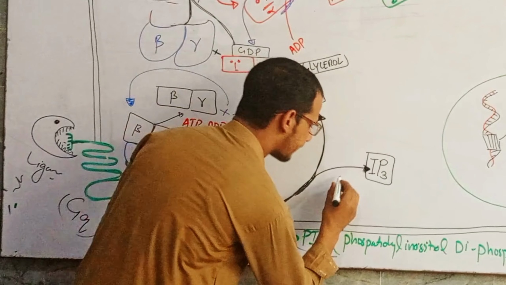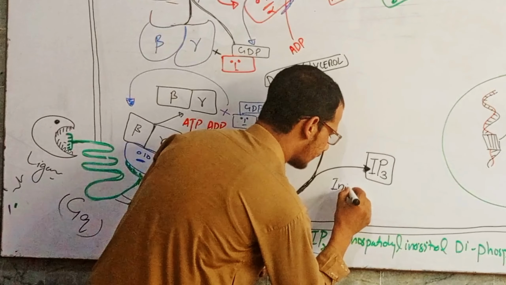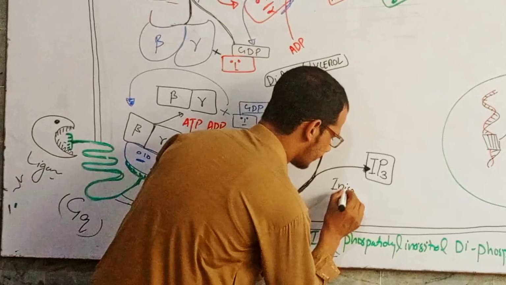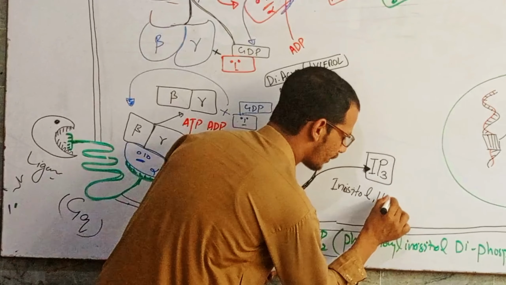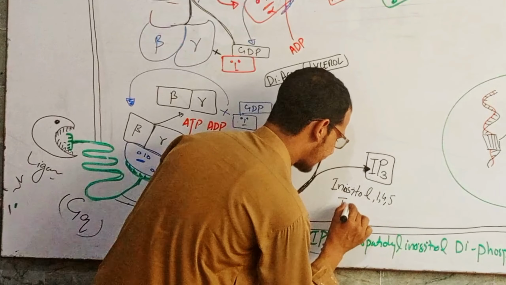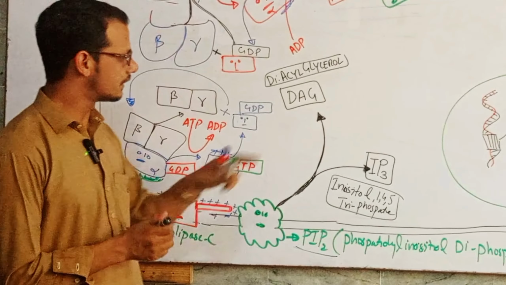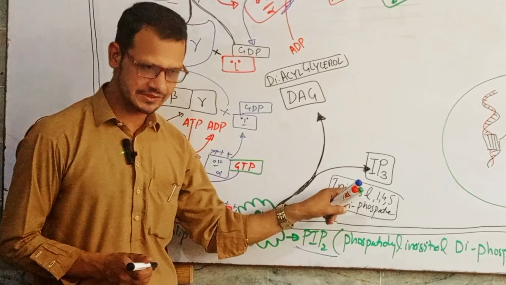IP3 stands for inositol 1,4,5 triphosphate. DAG and IP3 are both second messengers.